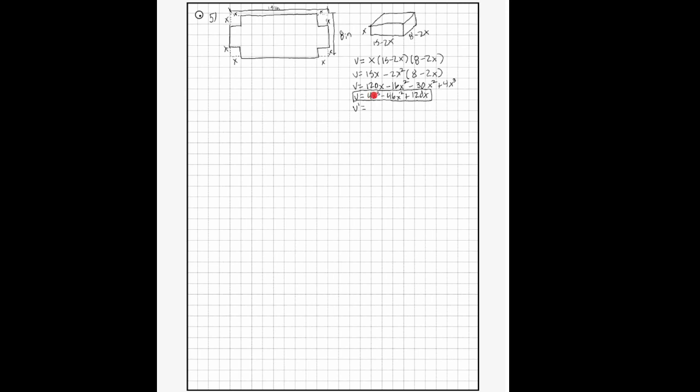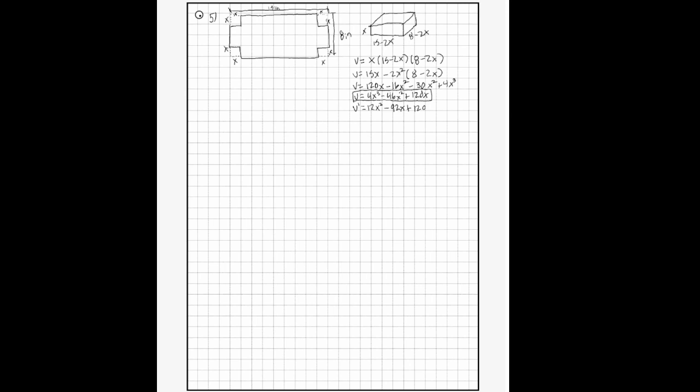So for the power rule, we've got 3 times 4, that's 12, x to the 3 minus 1, so x squared, minus 2 times 46 is 92, and 2 minus 1 is just 1, so it's 92x, plus 1 times 120 is just 120, x to the 1 minus 1 is x to the 0, which is just 1. So this is my derivative equation.